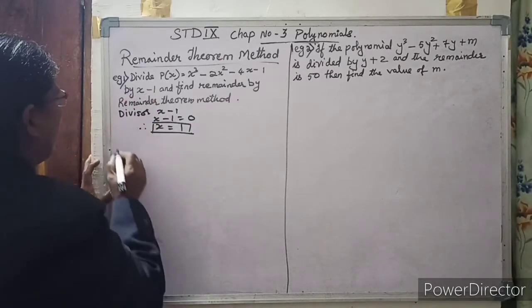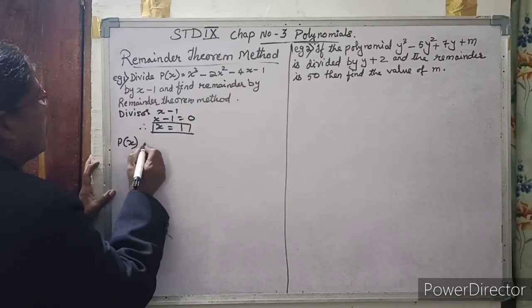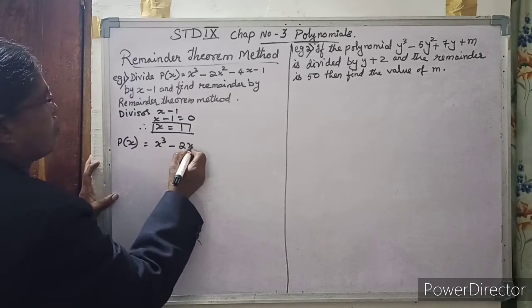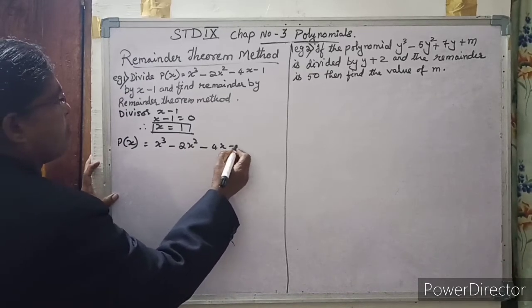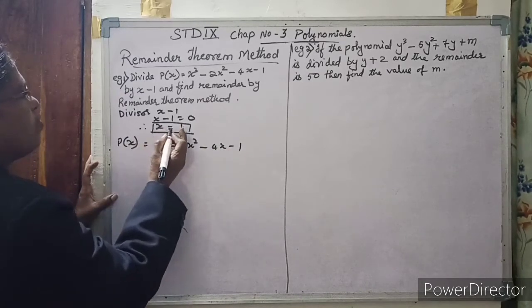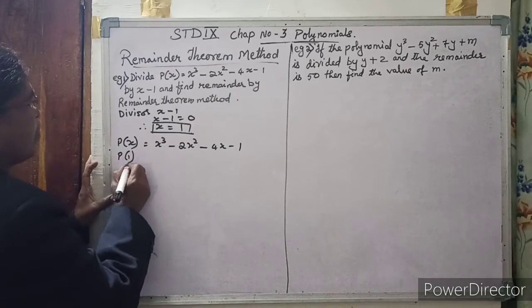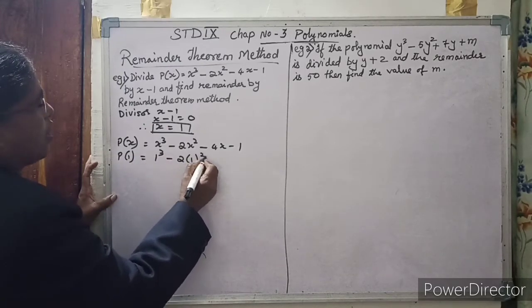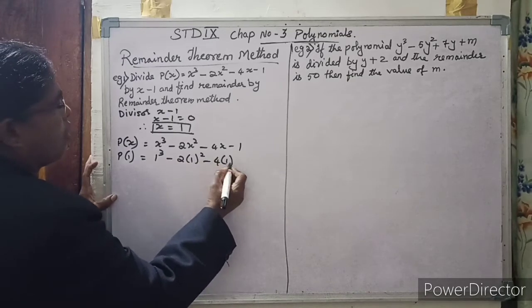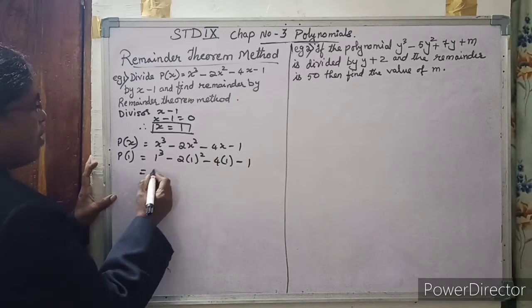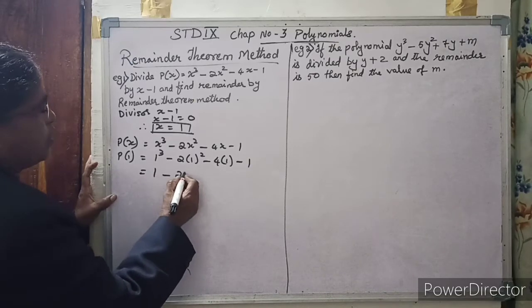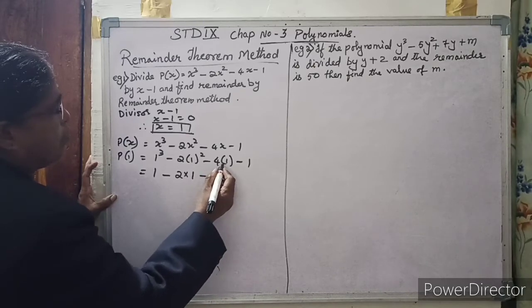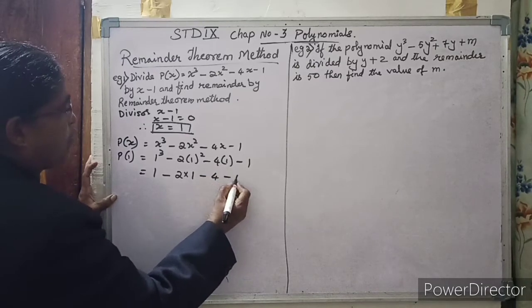Now take the polynomial p(x) equal to x cube minus 2x squared minus 4x minus 1. Now x equal to 1, that is, we will find p(1). I get 1 cube minus 2 into 1 square minus 4 into 1 and minus 1. So 1 cube is 1 only, minus 2 into 1 square is 2, then minus 4 ones are 4, and minus 1.